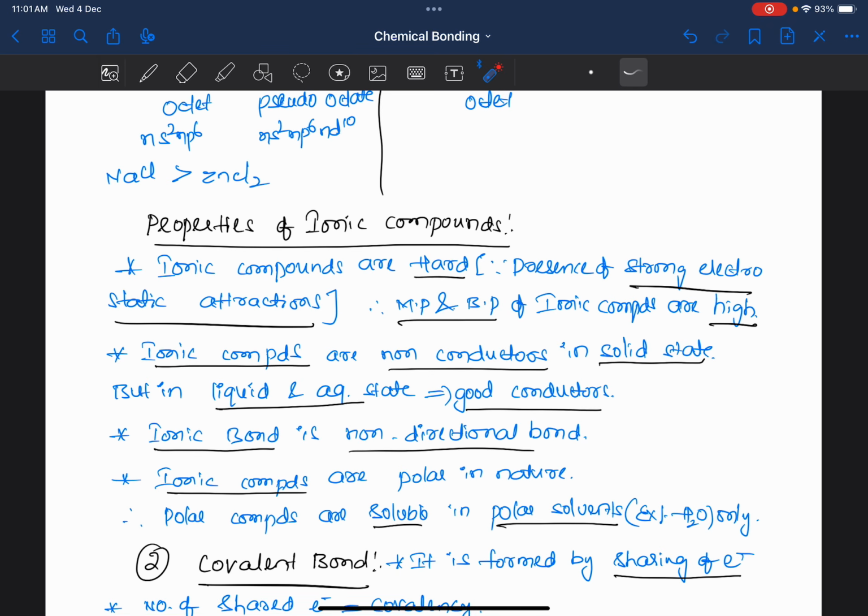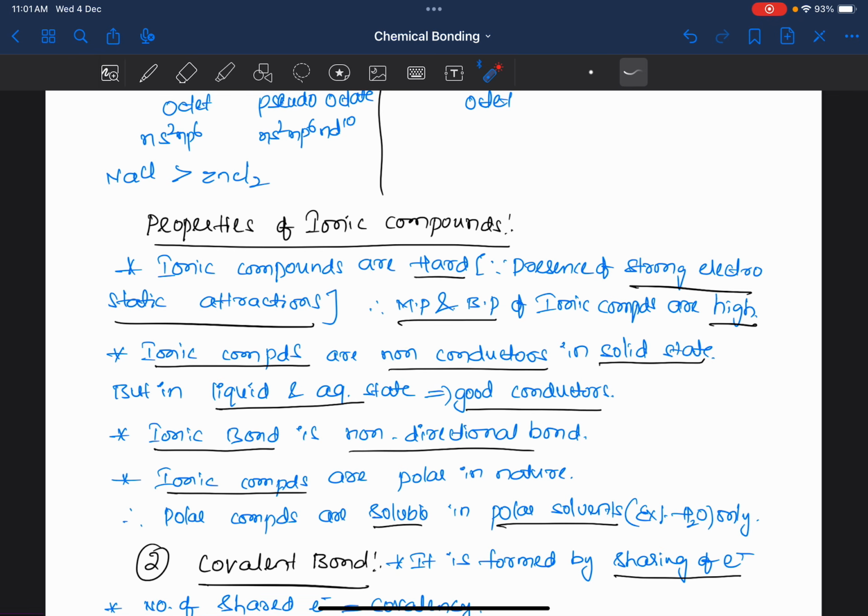So generally in ionic compounds, as I already said, cations and anions are formed. So those compounds are always polar in nature. In this, two opposite poles are present, therefore that is polar. Polar substances always dissolve in polar solvents only. Polar solvents are water, alcohol, like that.